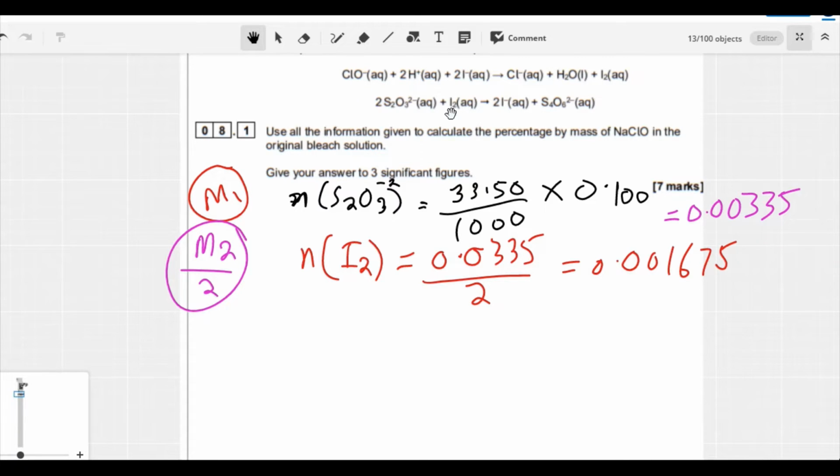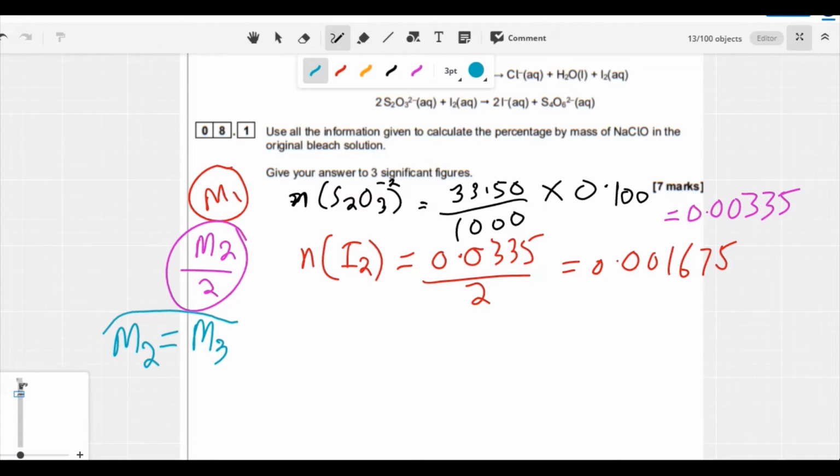So there will be equal moles of iodine as compared to chlorate. I am going to indicate here M2. Now we are going to solve step 3, so M2 will equal M3.